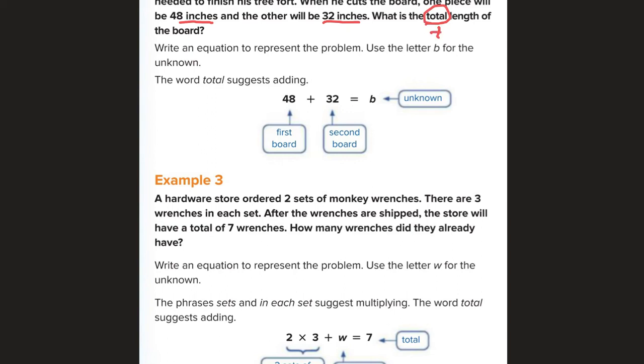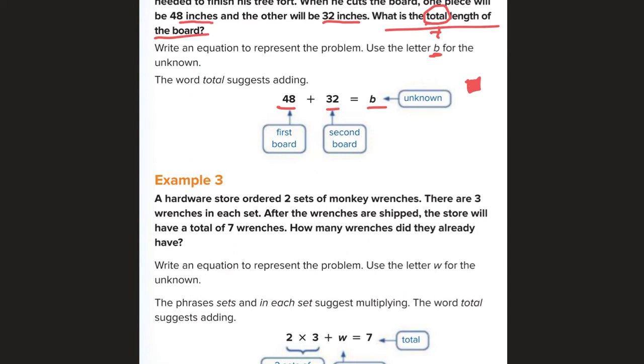So if I was going to write an equation to represent the problem, I could use the letter B for the unknown instead of a box, right? We know boxes. The letter B is just a new way to write that box. So it says our first board is 48 inches plus 32 inches is going to equal B, the total length of the board.